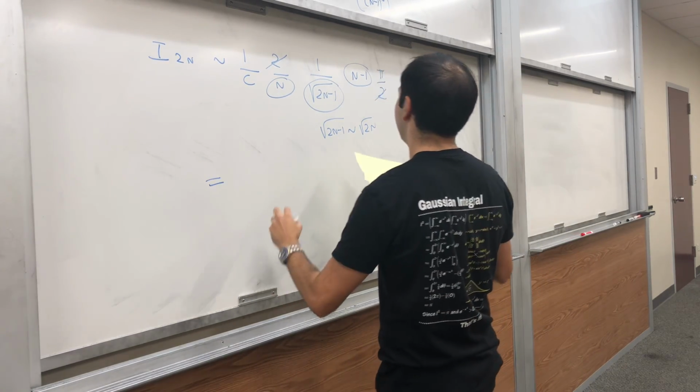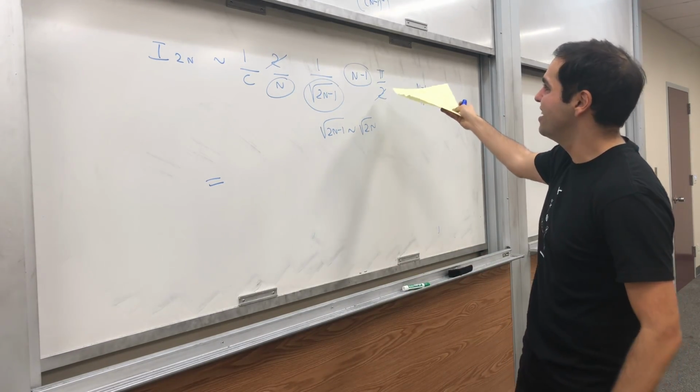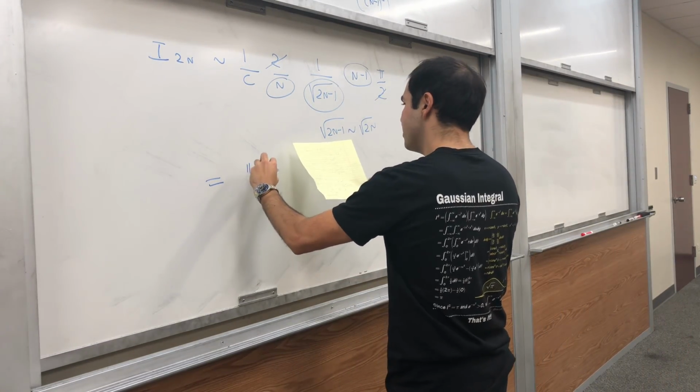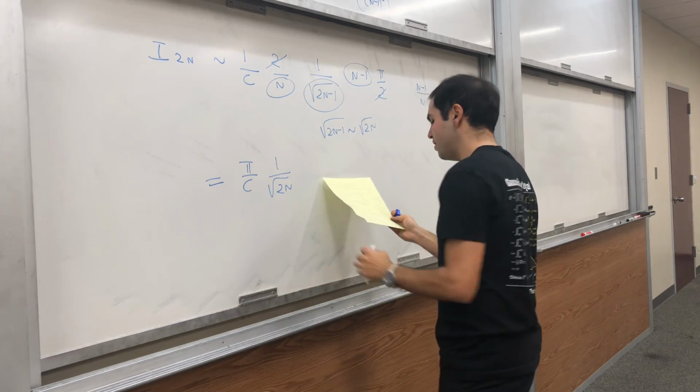So in the end, what we are left with after all this monstrous calculation is just pi over c over 1 over square root of 2n.